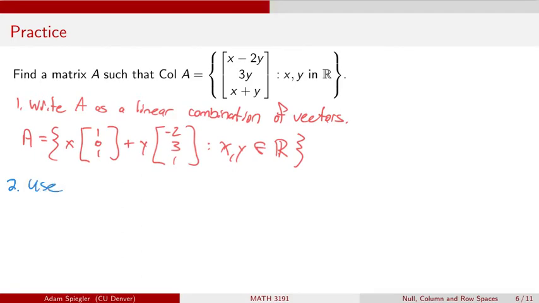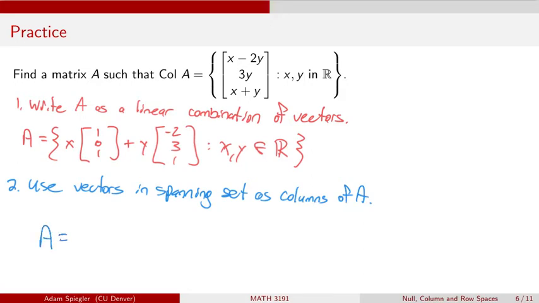Okay, now for the second step, now that we've got these two vectors above, let's use these two vectors that we have in the spanning set, and we're going to use them as the columns for this matrix A that we construct. So now I can take some matrix A, and its first column is going to be the vector 1, 0, 1, and the second column will be -2, 3, 1.